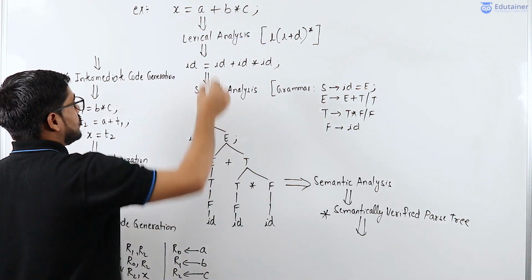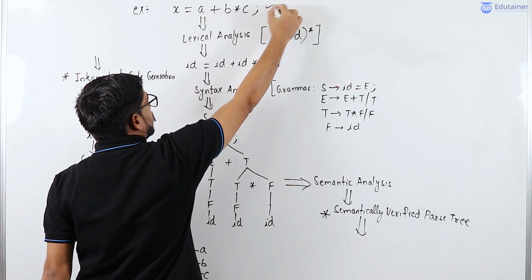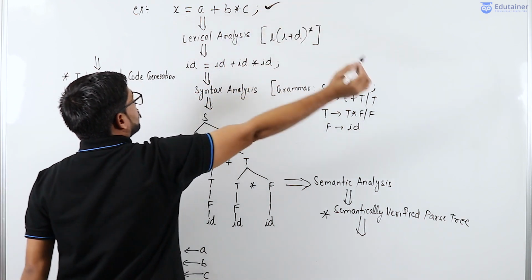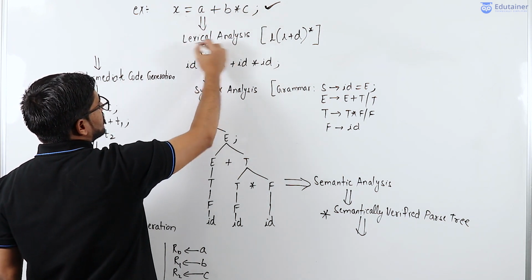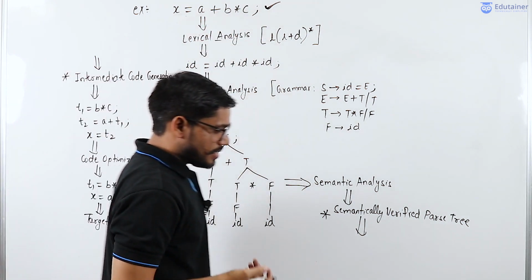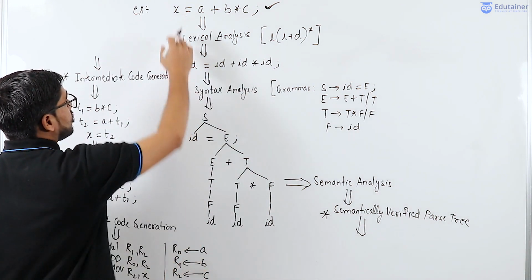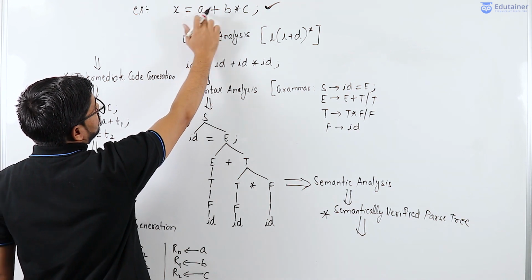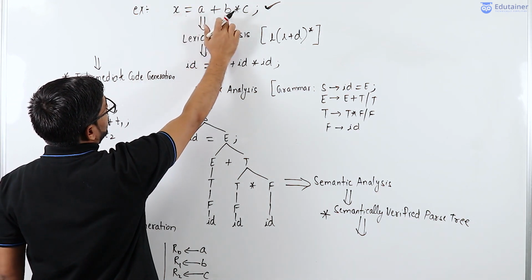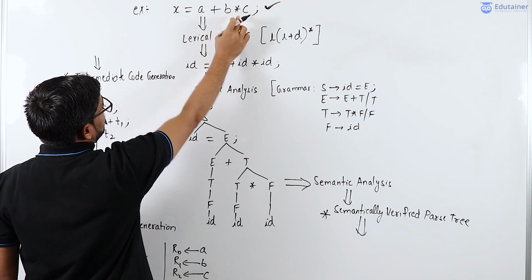So definitely this is a high level language program, and it is passed through the first phase of compiler, lexical analysis. Lexical analysis will consider all these variables x, a, b, c as lexemes.